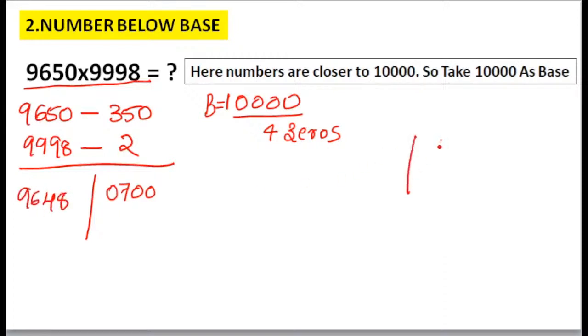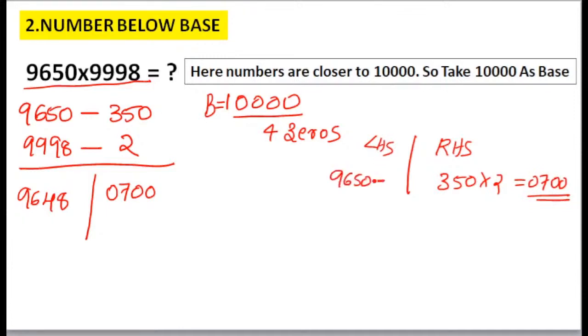So in the RHS we have 350 into 2, that is 0700, and in the LHS we have 9650 minus 2, that is 9648.